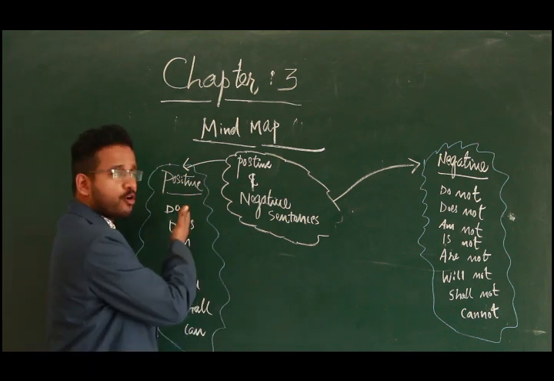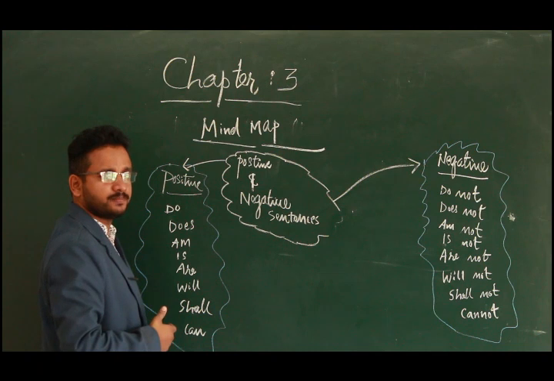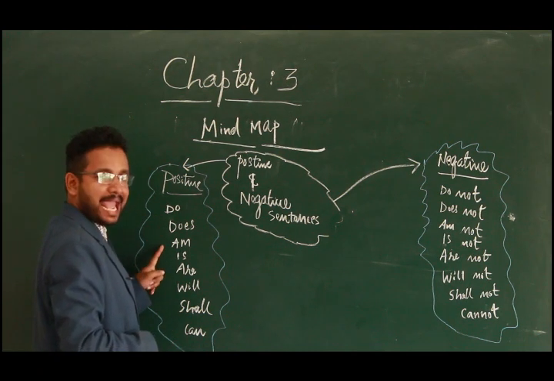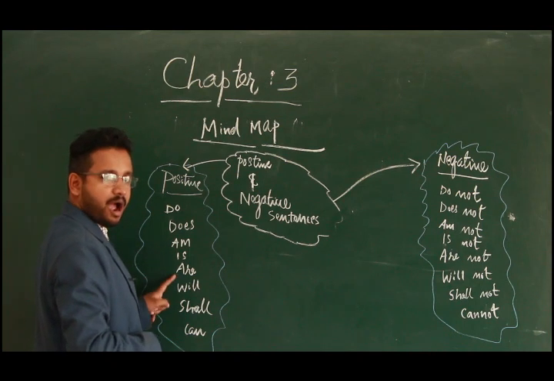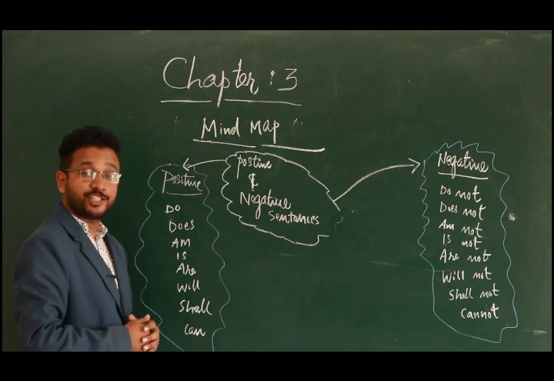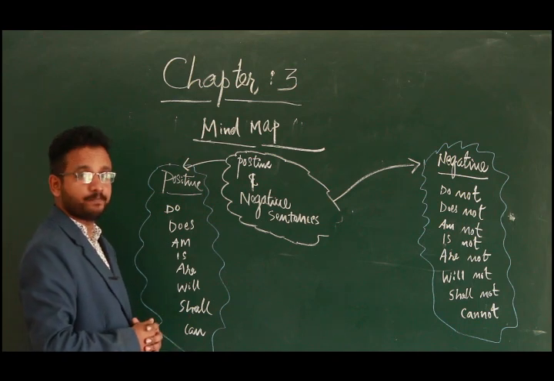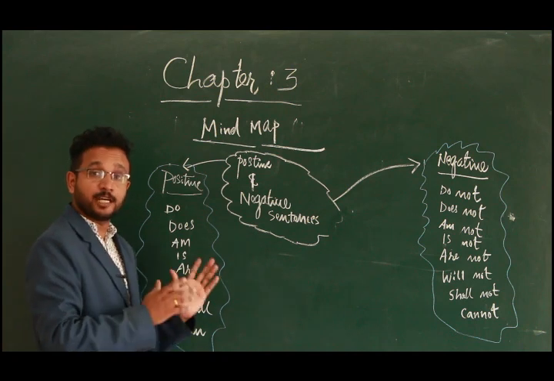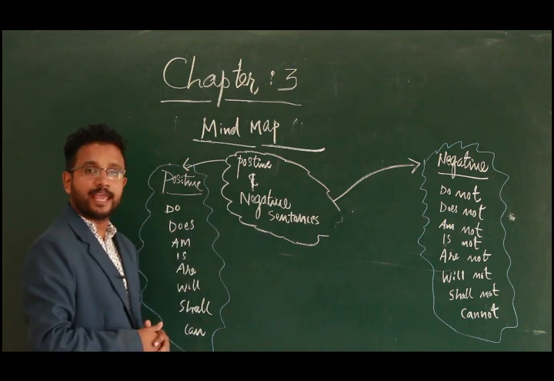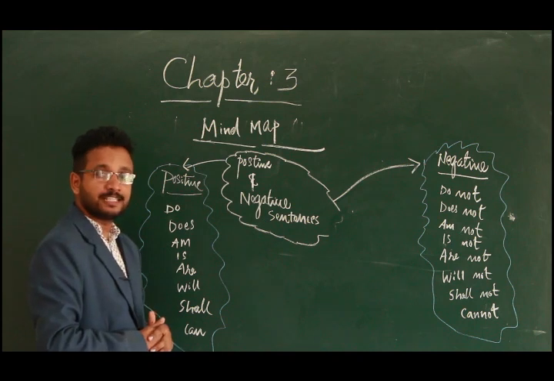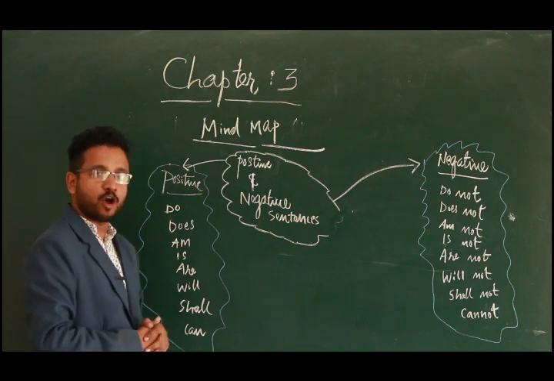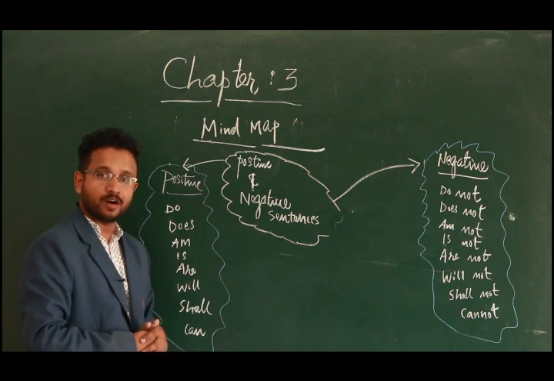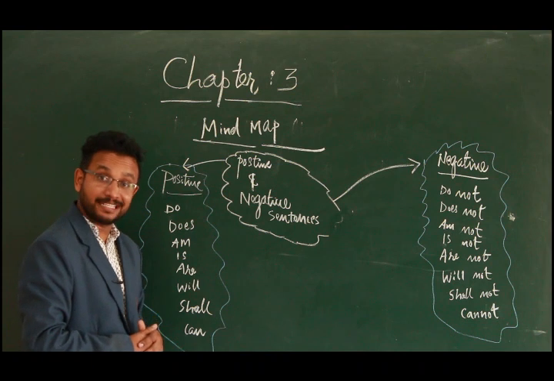Here are the terms for positive statements, and they are do, does, am, is, are, will, shall and can. And we have got the negative terms for the same. They are do not, does not, am not, is not, are not, will not, shall not, and cannot.